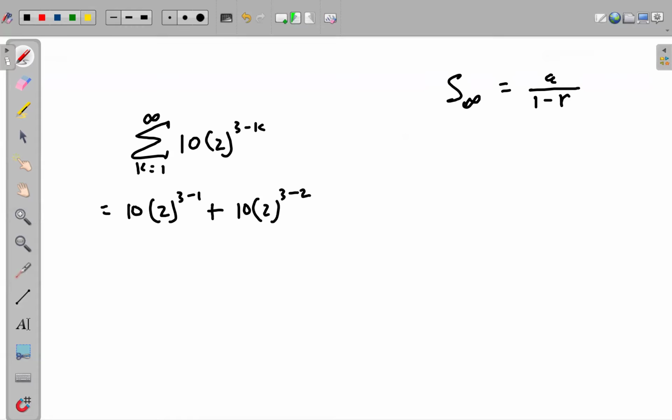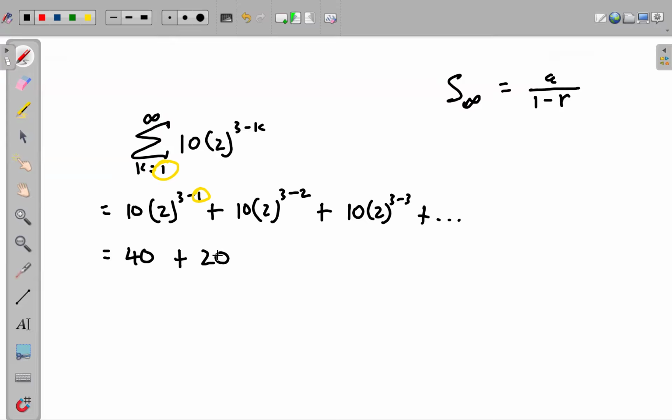Where do I get all this? Remember, k started at 1, and then after 1 you increment in ones, so you go to 2, and then your last one here will be 10 times 2 to the 3 minus 3, and so on. So 3 minus 1 is 2, 2 squared is 4, and that will be a 40.